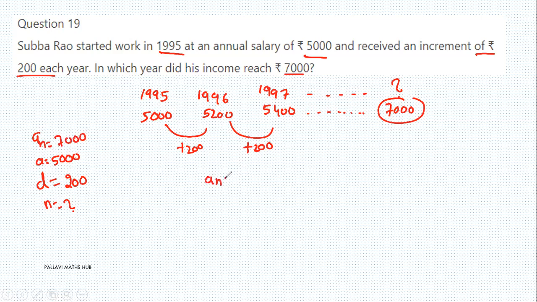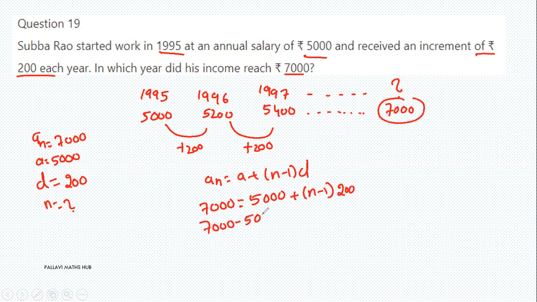So AN is equal to the formula A plus n minus 1 into D. The value of AN is 7,000, is equal to A value 5,000 plus n minus 1 into D value 200. So 7,000 minus 5,000 is equal to n minus 1 into 200. 7 minus 5 is 2,000 is equal to n minus 1 into 200.